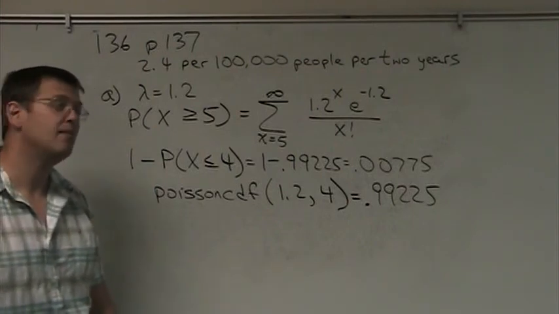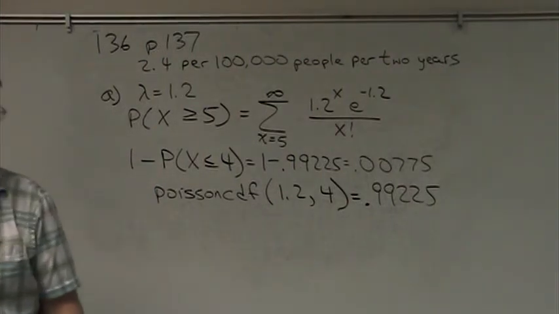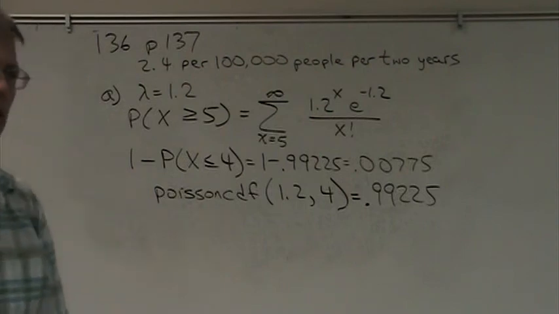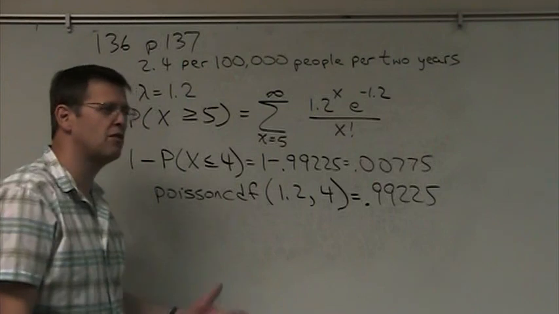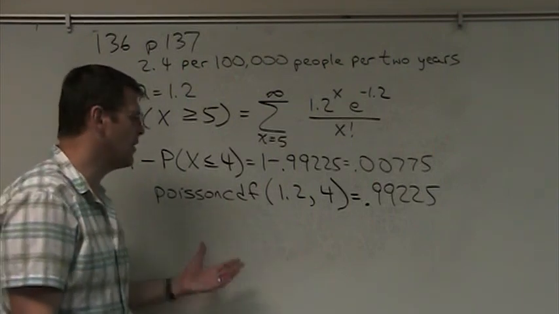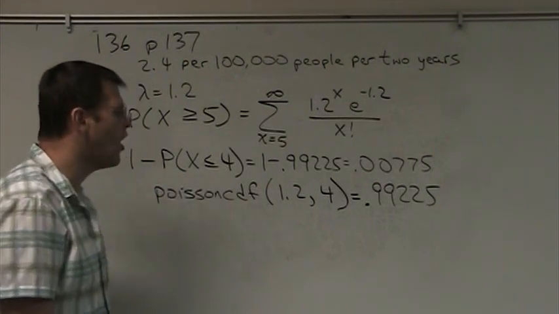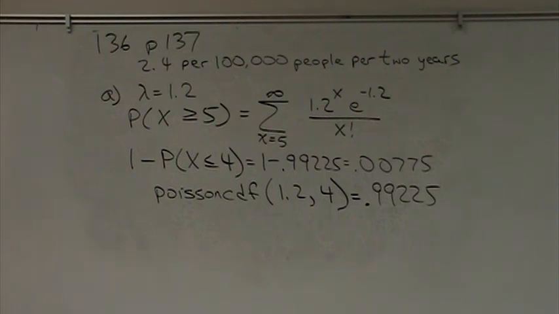Okay? But since it's only going to happen on average once out of every 125 years, then the general suspicion is going to be it probably didn't happen due to chance. And so somebody might be taking a look to see if there's something that caused that E. coli contamination rate to go up.